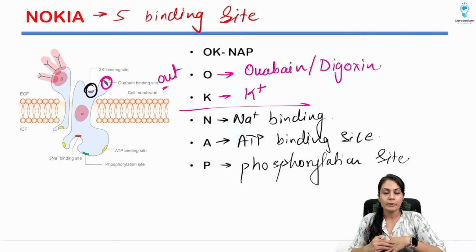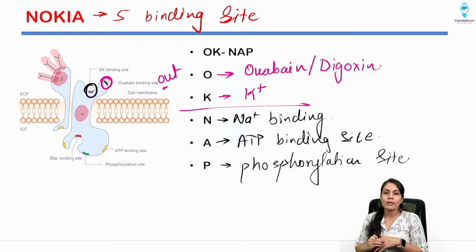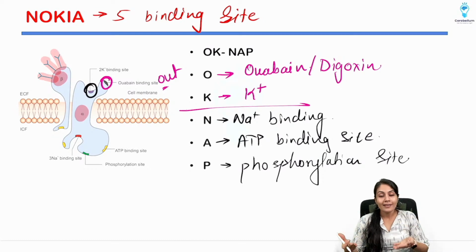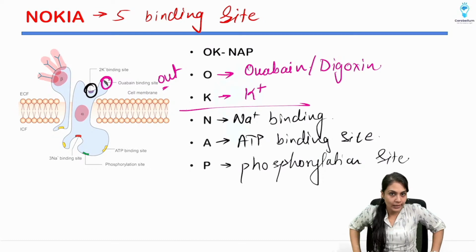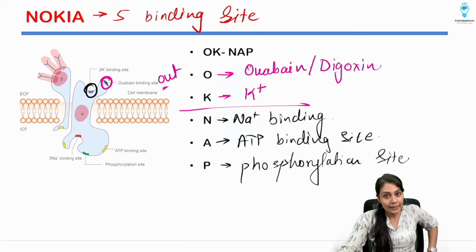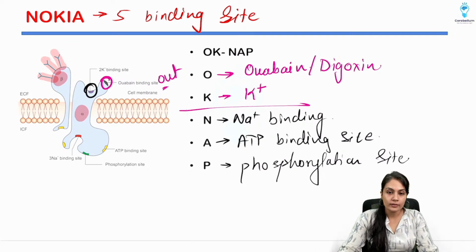That means ATPase is going to act and release the phosphate, but again for the next cycle I require the phosphorylation of the ATP or ADP for that matter. I require these sites. So please remember, this is a very simple mnemonic.